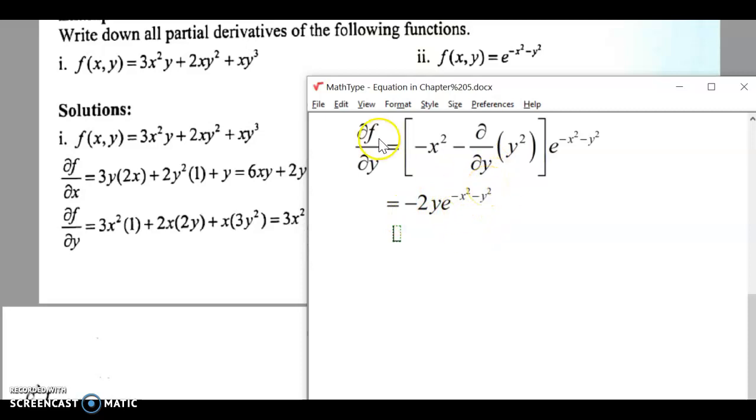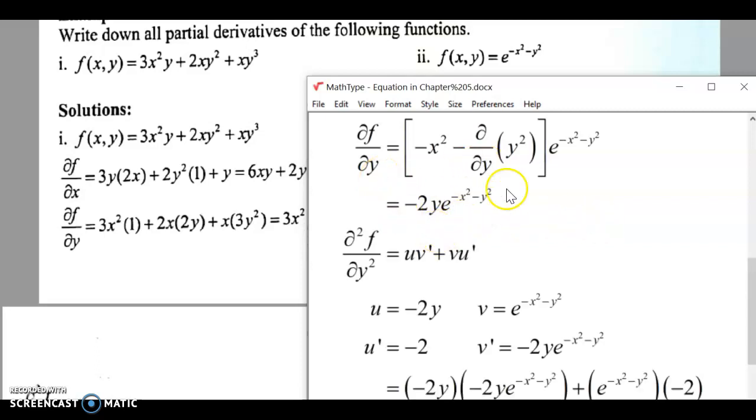Now for the second derivative, again we have the product rule here, so we are going to use the formula of product rule. Define u and v. We have negative 2y as u, v is equal to the exponent, and differentiate it in terms of y. So negative 2, and again, v prime should be the same as the first derivative.